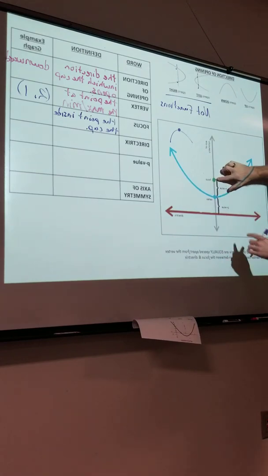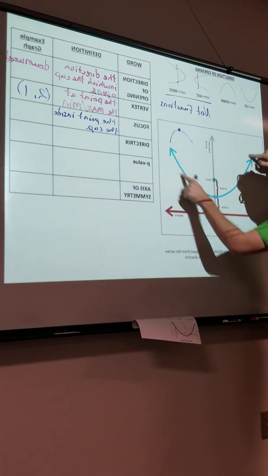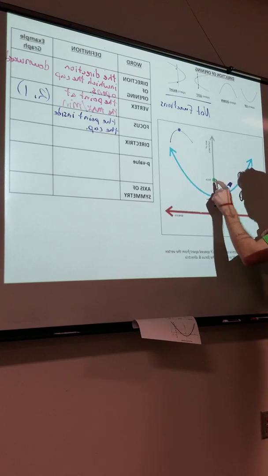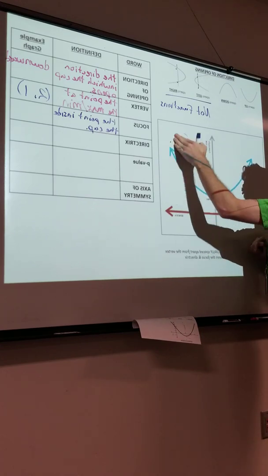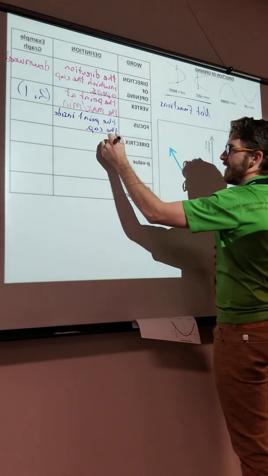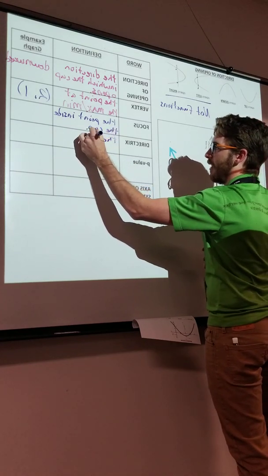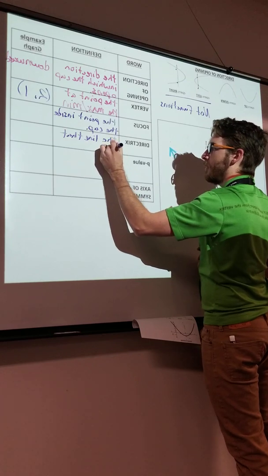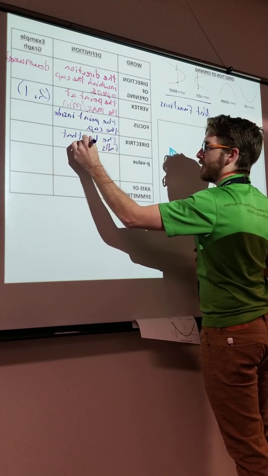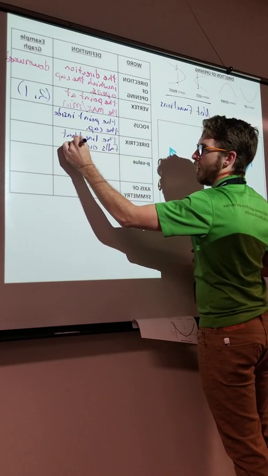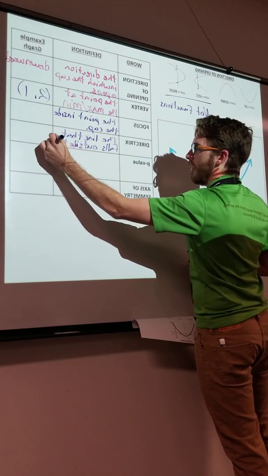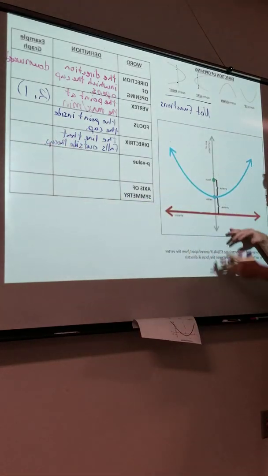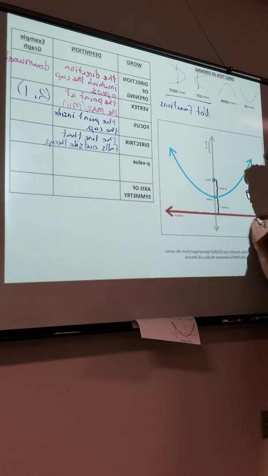As you can see, it falls inside the parabola or the quadratic. And the directrix is the line that falls outside the cup. You can see here in this example, it falls outside the cup.